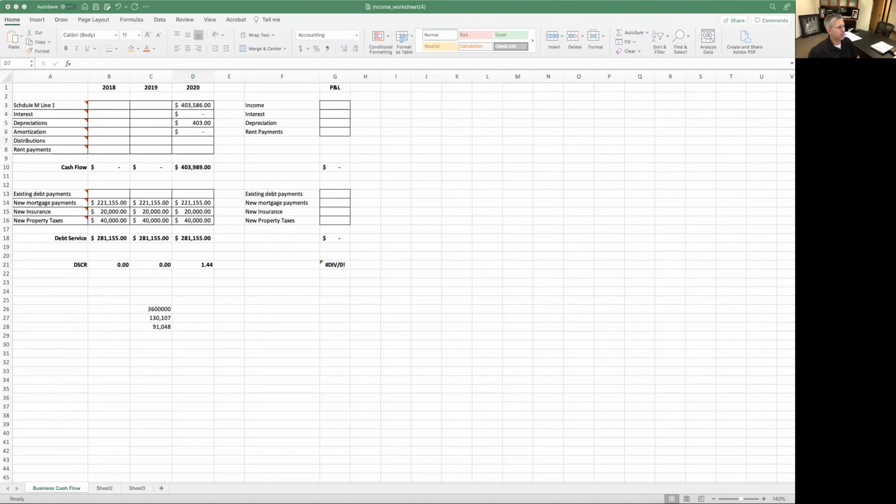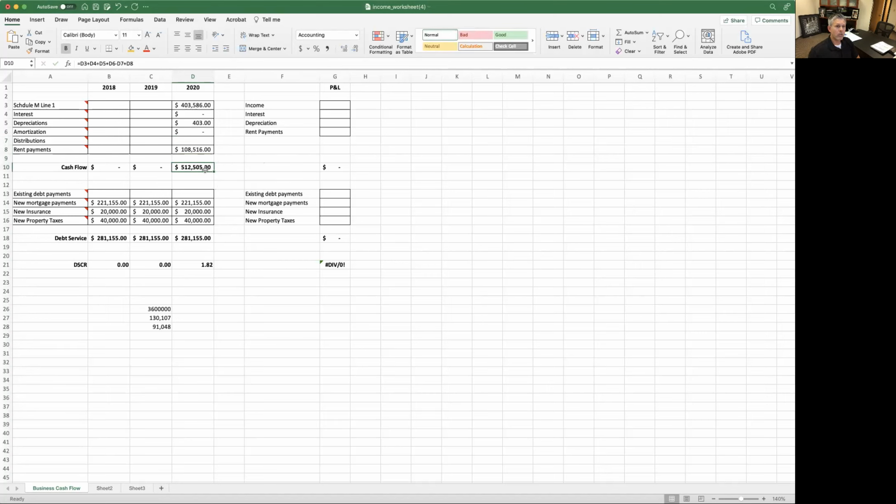And so it looks like there were no specific distributions, and if there are any rent payments, you go back up to the line item, and remember the rent payments were $108,516.